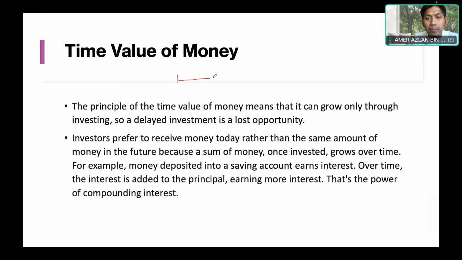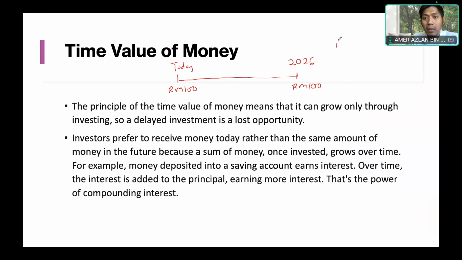For example, today the value of 100 ringgit is worth more than the value of the same amount that we are going to receive in the next 2 years, or 2026, 100. Why?